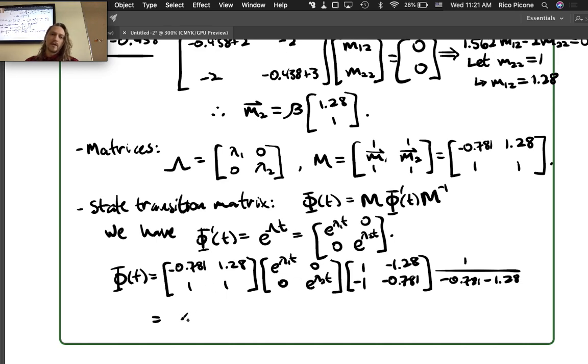So negative 0.781 times e to the lambda 1 t plus 0. So negative 0.781 e to the lambda 1 t plus 0. Okay, so that's that entry. The next one's going to be negative 0.781 times 0, plus 1.28 times e to the lambda 2 t, so 1.28 e to the lambda 2 t.